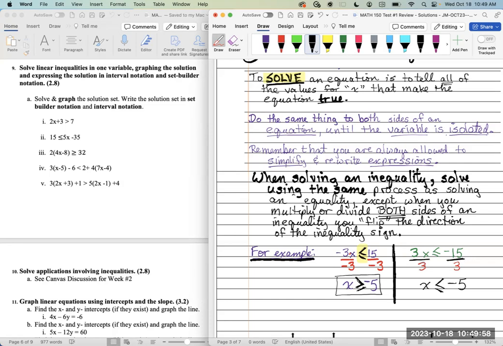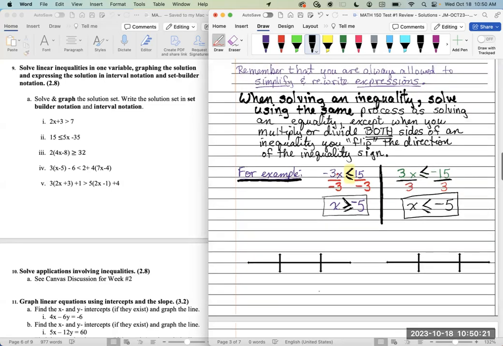So I divide both sides by a positive 3. I'm still left with a negative 5 as my answer, but my inequality does not flip because what I did to both sides was divide by a positive 3. So these are 2 different problems with 2 different solutions.